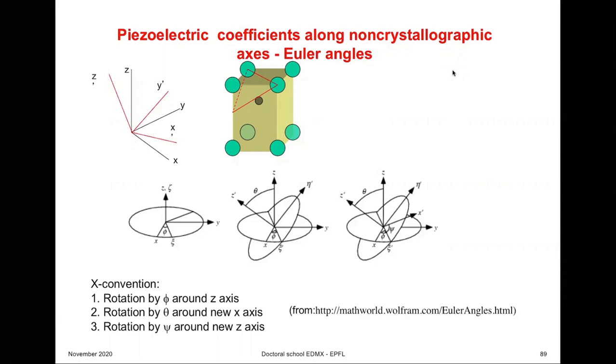It is, however, interesting to see how these matrices would look in another coordinate system, and, equivalently, how the values of the piezoelectric coefficients would change if we rotate the crystal, cut it under a different angle, and so on.